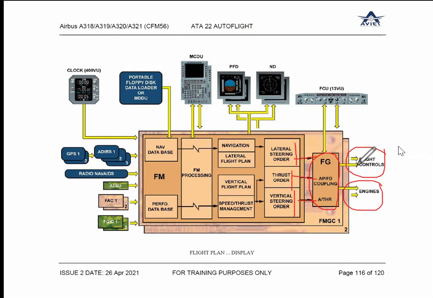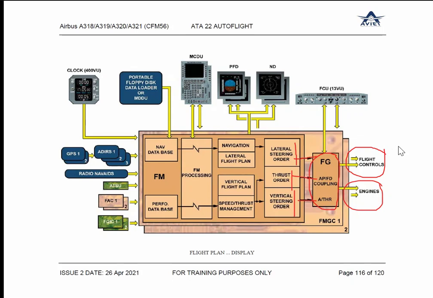So maneuvering the aircraft on the desired flight path to manage your lateral and vertical guidance. Altitude vertical, lateral heading. Correct. When you are in the air, the two things are there, lateral and vertical. So lateral is heading, vertical is your altitude.